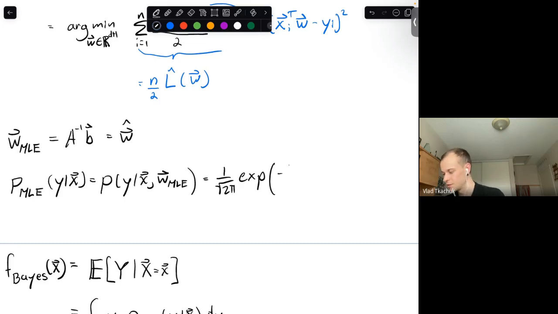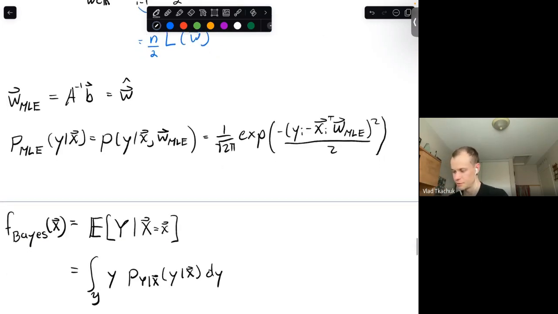Exponential of minus yi minus xi transpose, and now here we plug in W MLE, all squared over 2. Great.